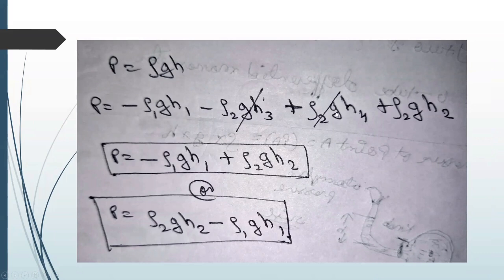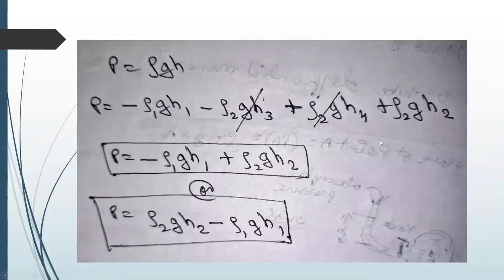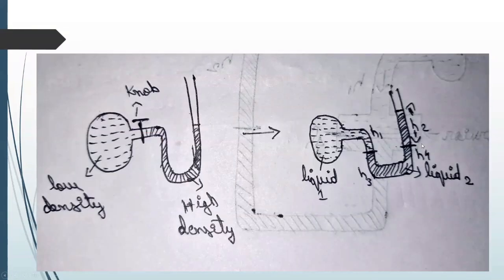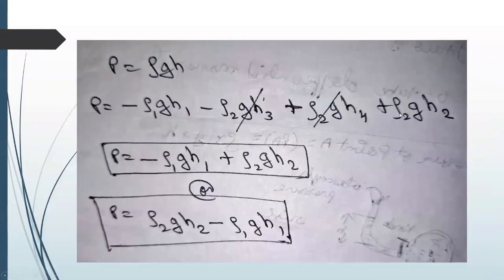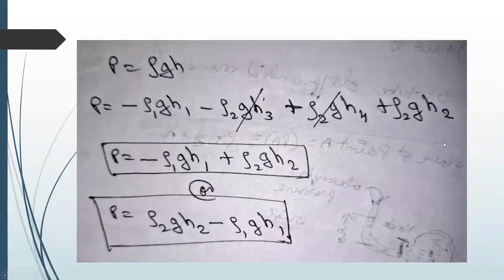Rho 2 is nothing but the density of the higher density liquid, that is another type of liquid. H4 is nothing but this point, as you can see in the slide. And next is the rho 2 g into h2, because from this point to this point we took it as a h2. Okay, so rho 2 g into h2.